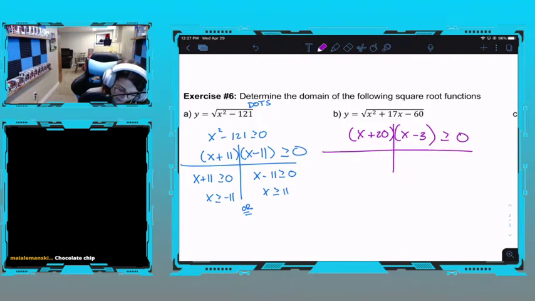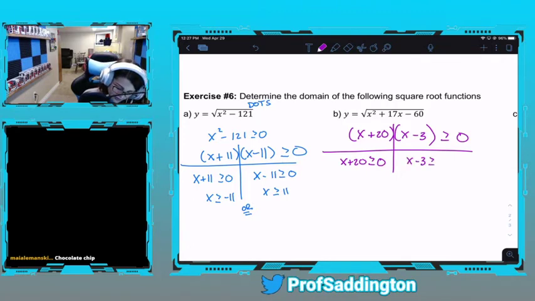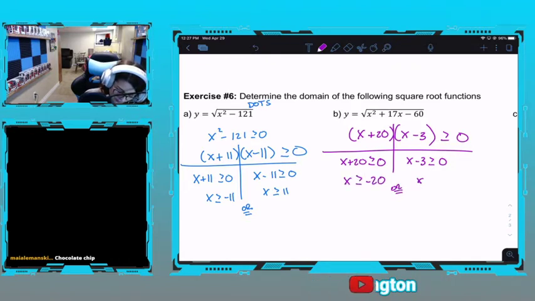Drop down our table. So x plus 20 is greater than or equal to 0, and x minus 3 is greater than or equal to 0. So x is going to be greater than or equal to negative 20, or x is going to be greater than or equal to 3.